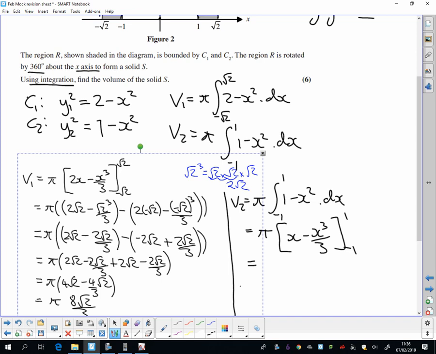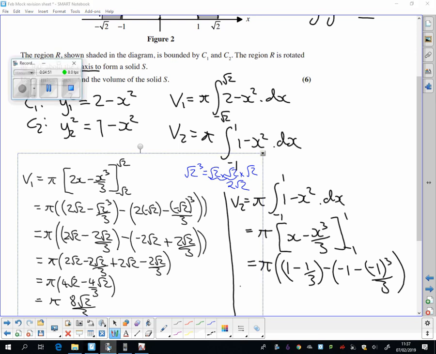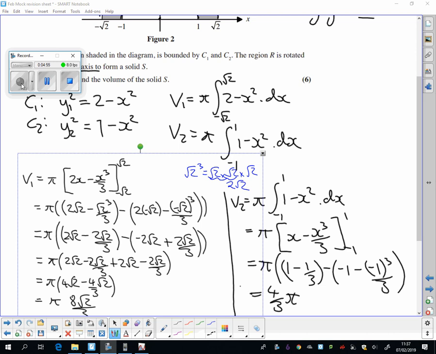And if you substitute in these numbers and work all that out, you get 4/3 pi.